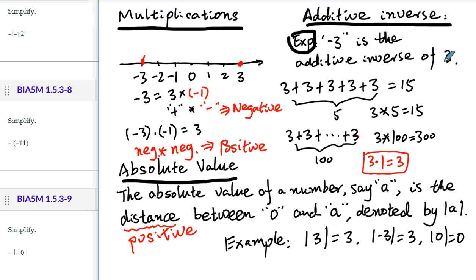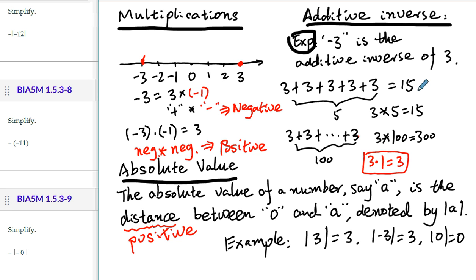Now, let's talk about why we need to introduce multiplication. Why? Right here. We know if 3 plus 3 plus 3 plus 3 plus 3, 5 times, then we shall have the answer is 15.